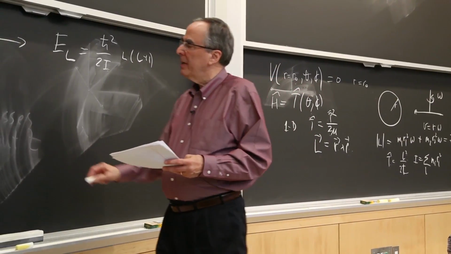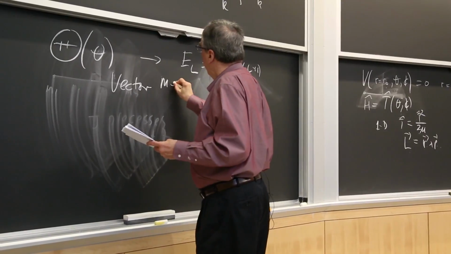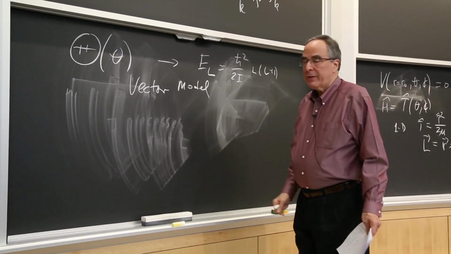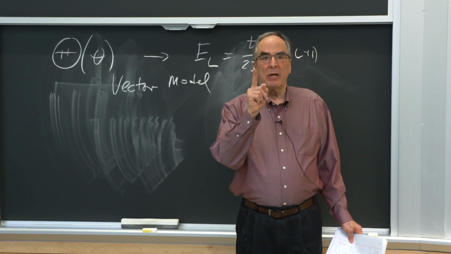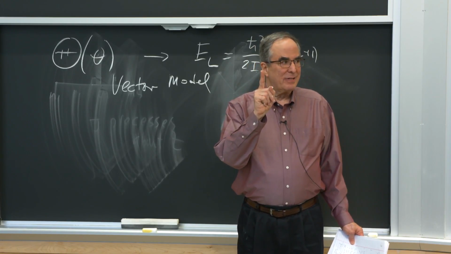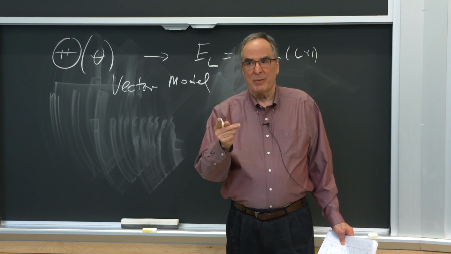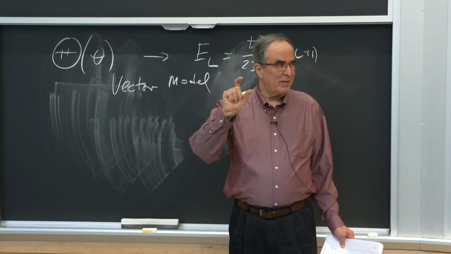So what is the vector model? Well, the things we want to know about the vector model is how long is J? So if we have a state with J and M quantum numbers, how long is the vector associated with J?